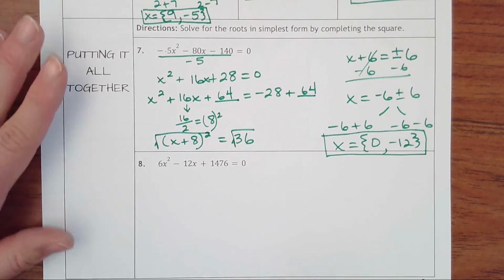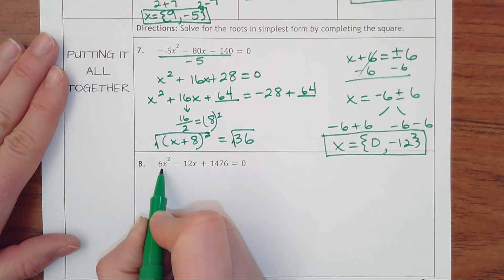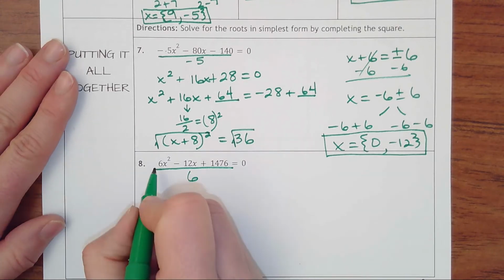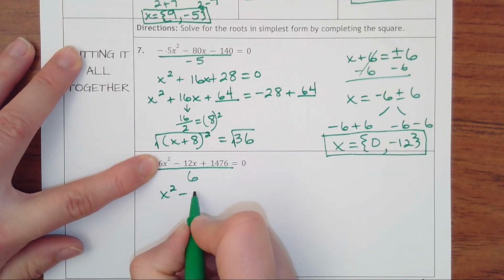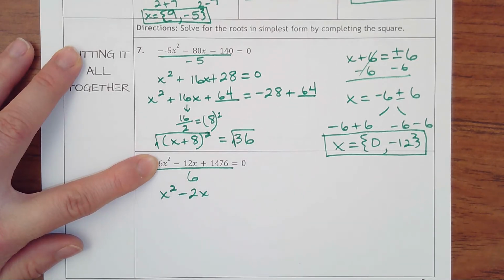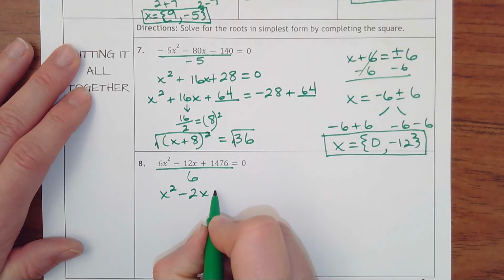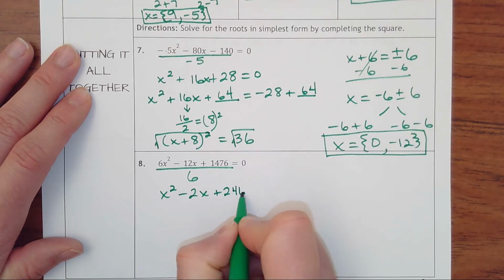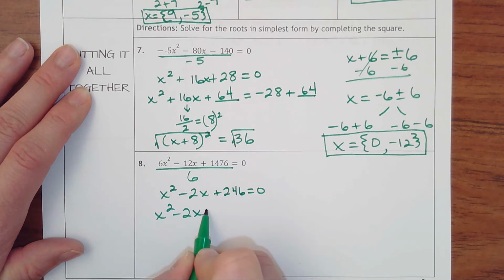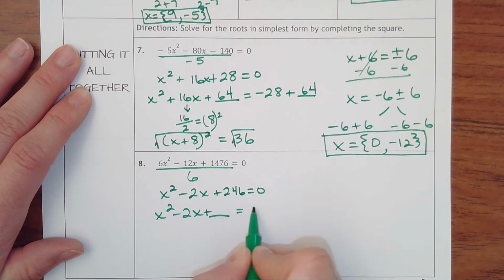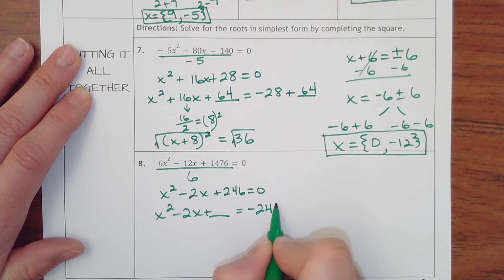All right, and then number 8, remember we don't want an a here, so we want to divide everything by 6. So that'll leave me with x squared minus 2x. 1476 divided by 6 is 246. Okay, I'll leave my A and my B plus a blank equals, move the C over, now it's negative, plus blank.